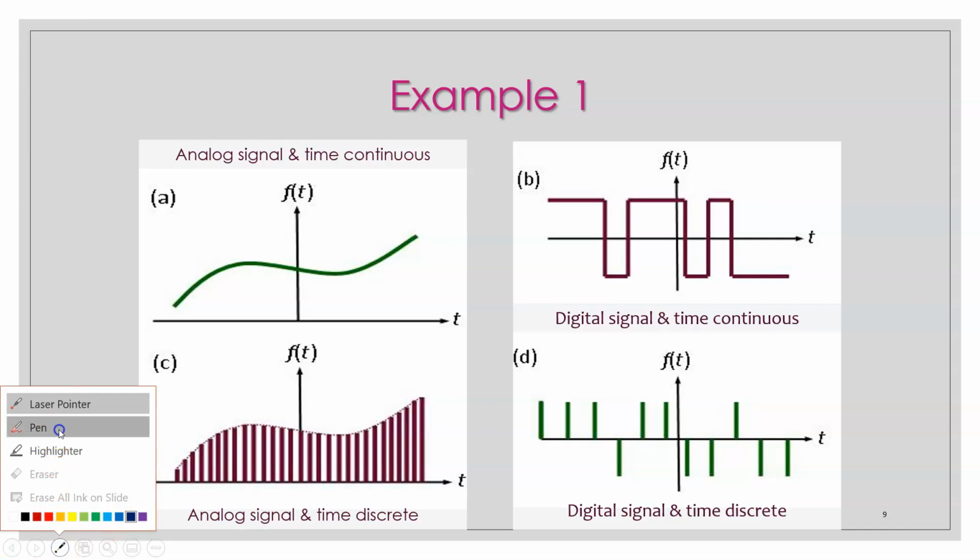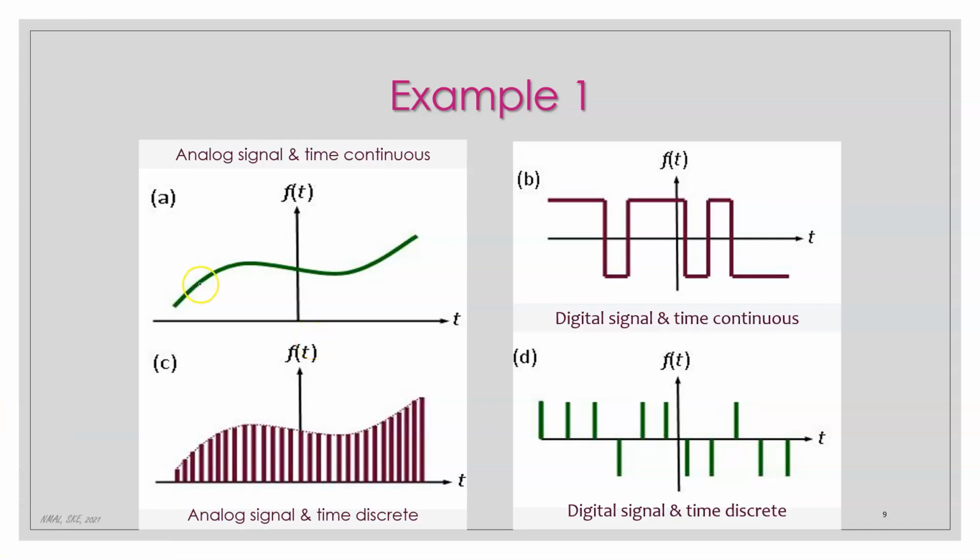If we sample here, the signal has a value here, and different values here and here. So that is what we call an analog signal.